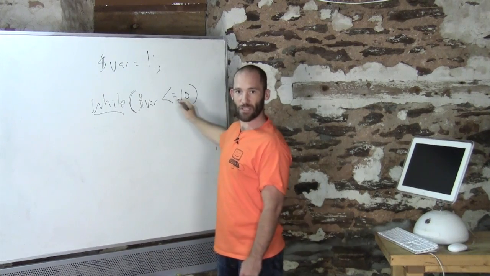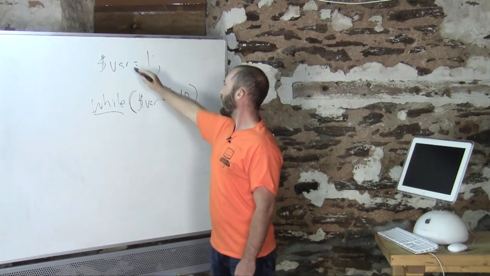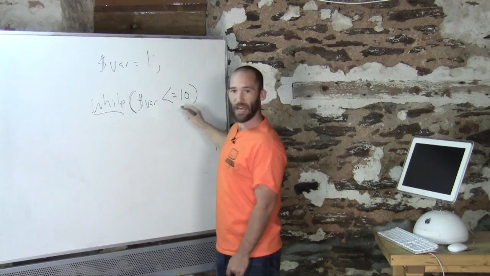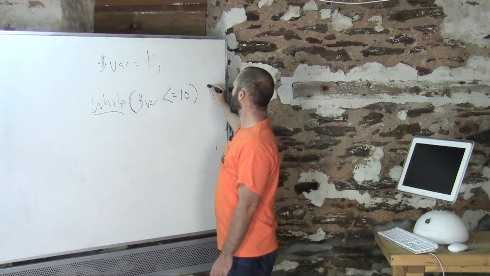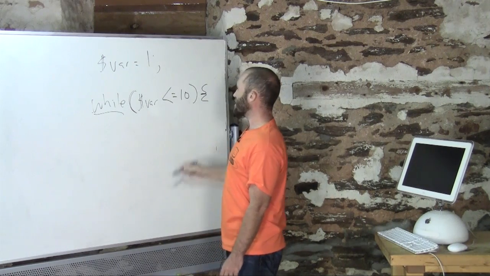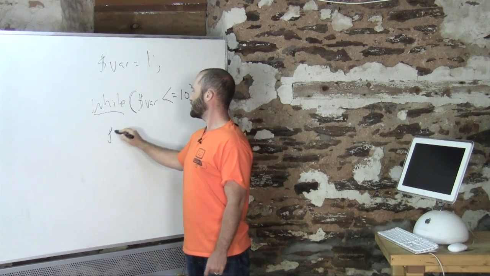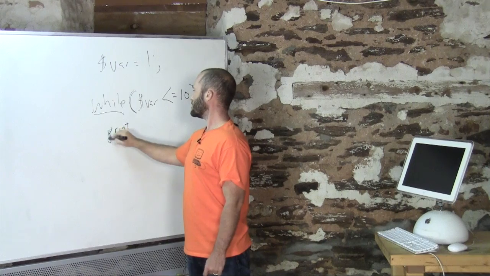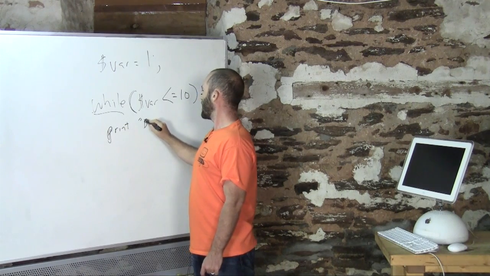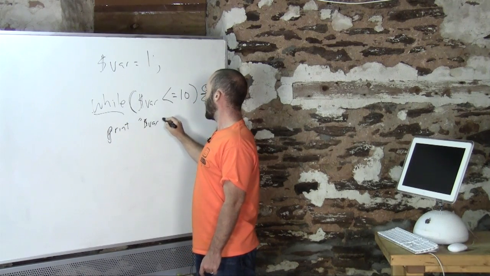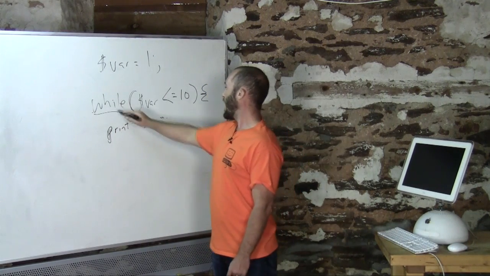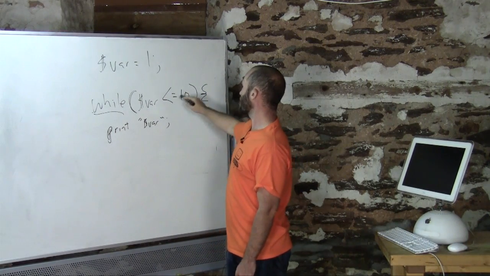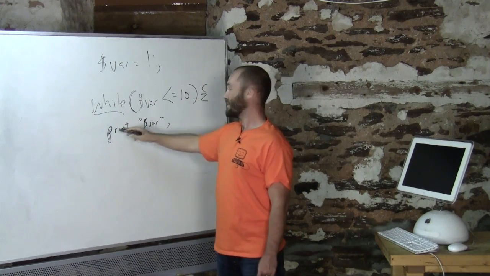So these are the conditions. While var is less than or equal to 10, continue doing what we're about to tell you to do. So then we use one of those squiggly brackets, and we say print, and then we simply print the value of var, and then do semicolon.